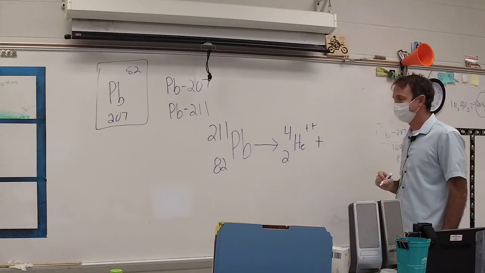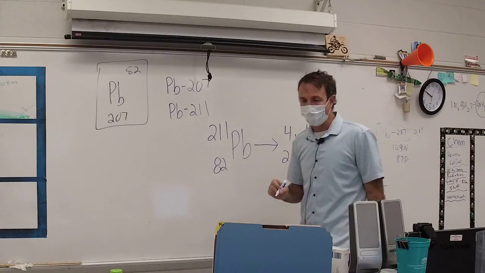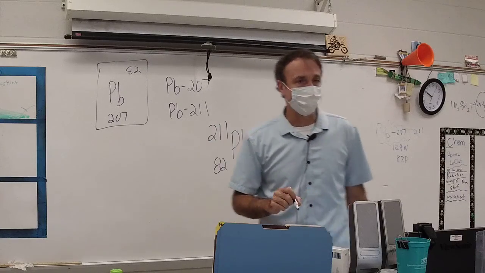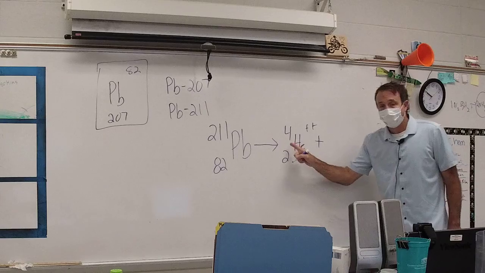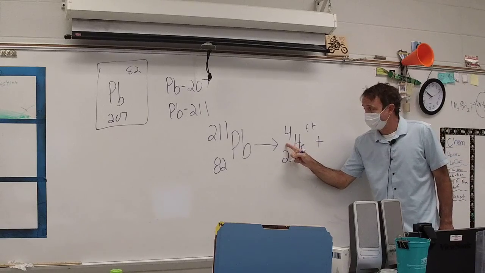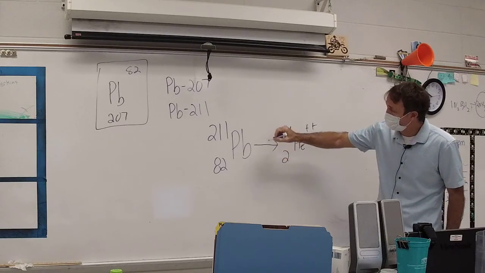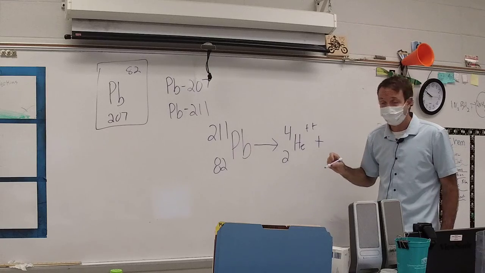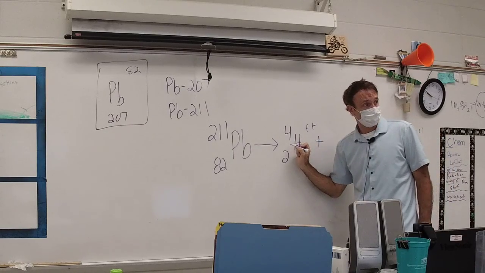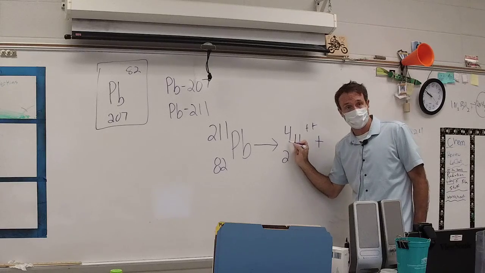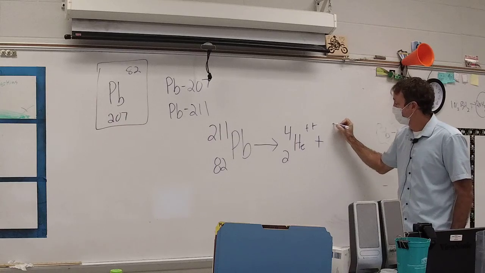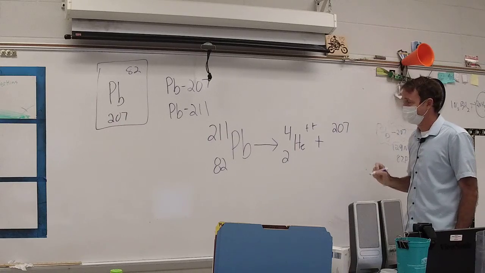And what other atom? The alpha particle that came out of the lead atom, right? How much did it weigh? I'm literally putting my marker here on the number 4, right? So that means the other atom would weigh 207.